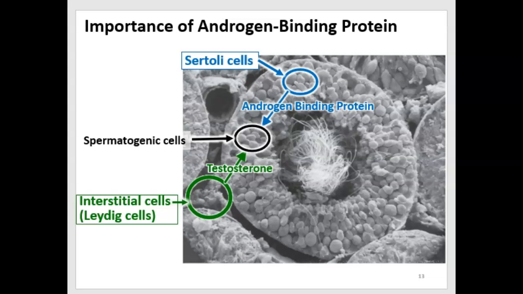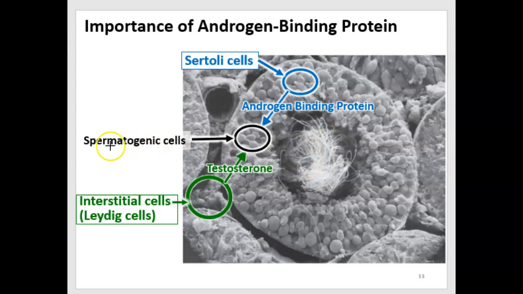First, let's just review why androgen binding protein itself is important and the cells that make each of these. So this is a picture that I've used many times of a seminiferous tubule, and there are cells in the wall trying to undergo spermatogenesis.